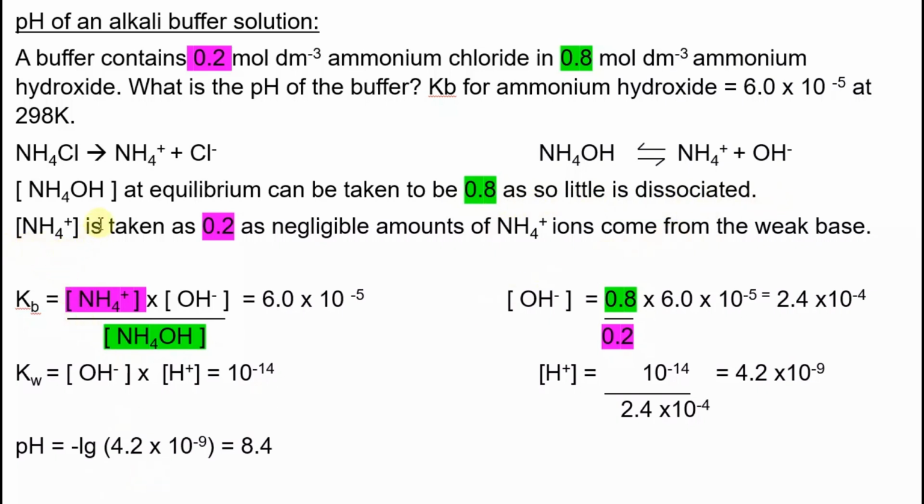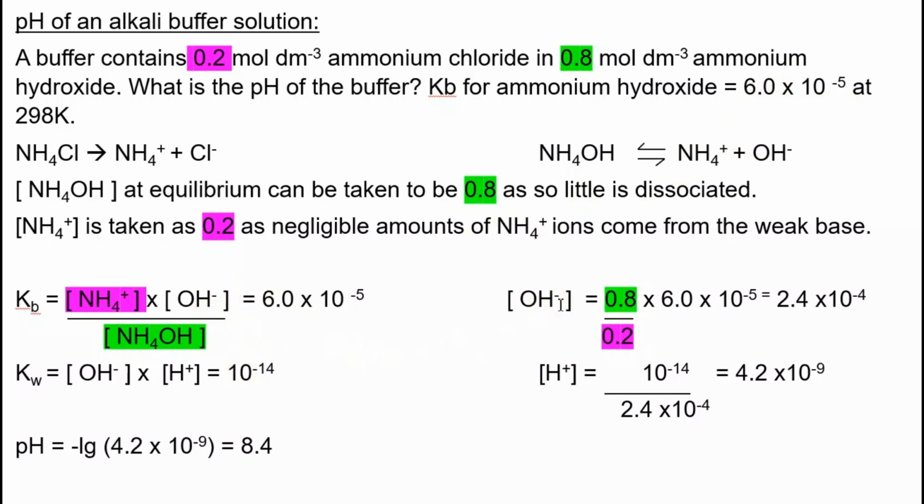Concentration of my NH4+ is taken to be 0.2, as negligible amounts come from the weak base. I can now write my expression for Kb based on the partial dissociation as given above. And the value is given as 6.0 times 10 to the negative 5.